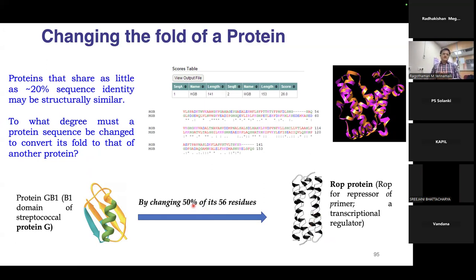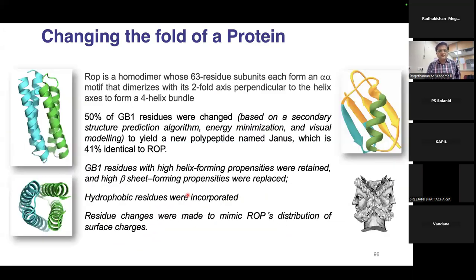The rule was that you can change only 50% of the residues, but which 50% is up to the person. Can you refold this protein into something else so that the sequence identity between them is 50%, and you can still get two different structures? So the protein GB1 can be converted to Rop protein by changing 50% of its 56 residues.